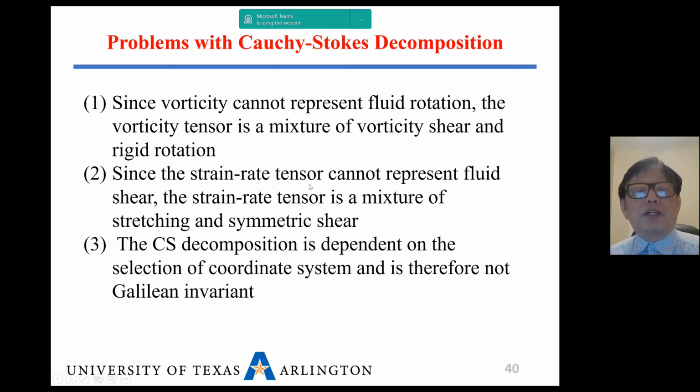People think that is the stretching, and the off-diagonal elements, they think are the symmetric strain. Apparently, it's a mixture. It depends on the coordinates. So the CS decomposition is dependent on the coordinate system, and therefore it's not Galilean invariant.